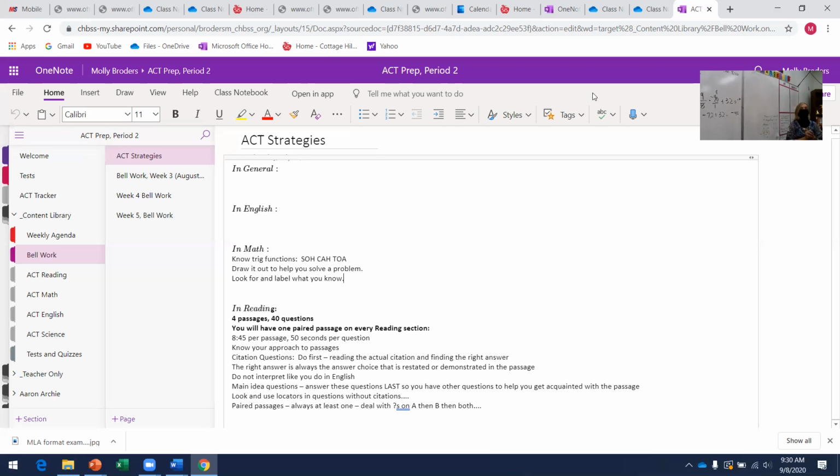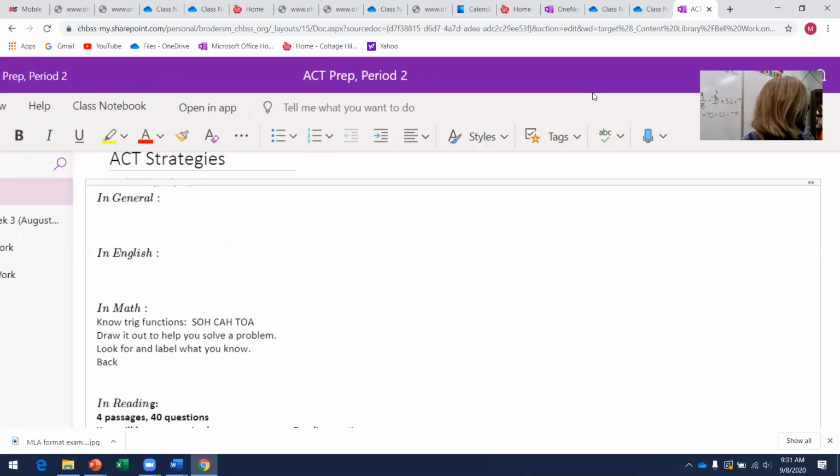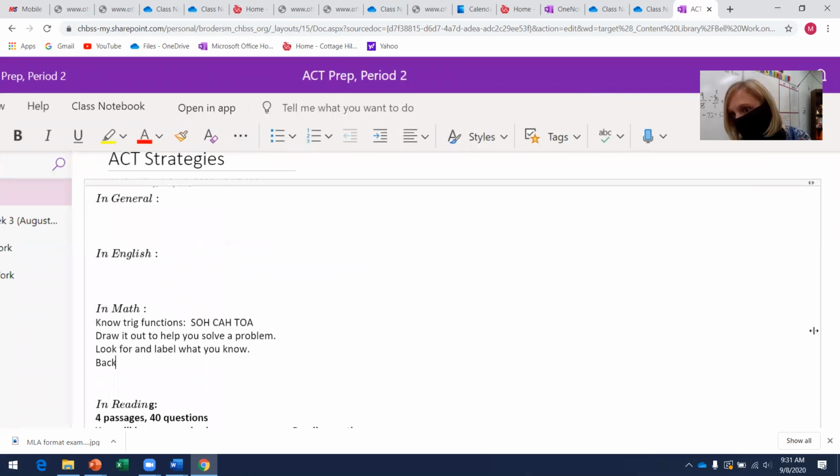Okay, so here are some math strategies. I want you to go in your OneNote to your bell work section where we have our strategies. So here is what that strategy is called, back solving. And I'm writing this, and I know it's tiny for you. But here's what, I'll write it up here. All right, so back solve. I want you to write this: back solve if possible.